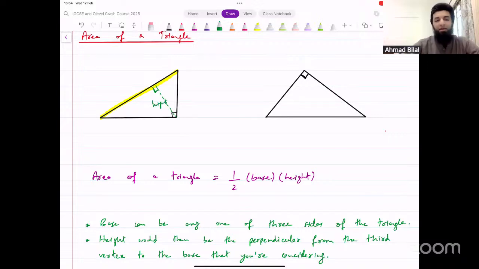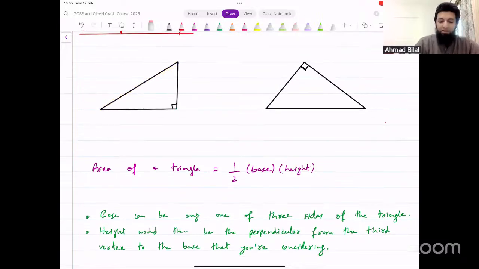Okay, so any of the three sides of the triangle can be taken as the base, but the height then has to be the perpendicular from the third vertex to the base. Now, in a right angle triangle, the simplest way is to consider one of the perpendicular sides the base, and then the height would be the other perpendicular.